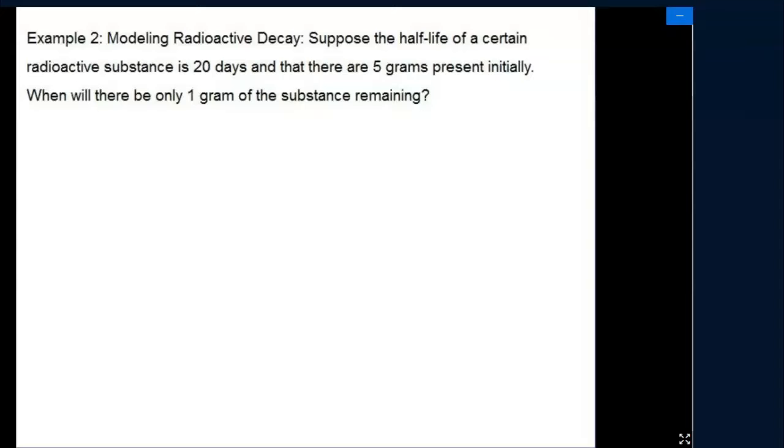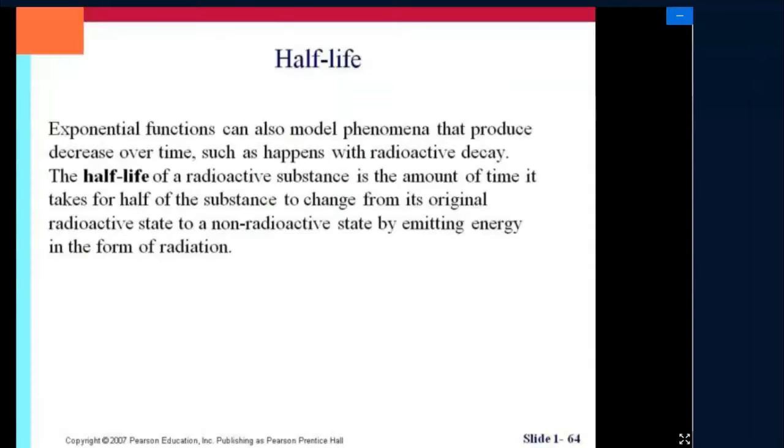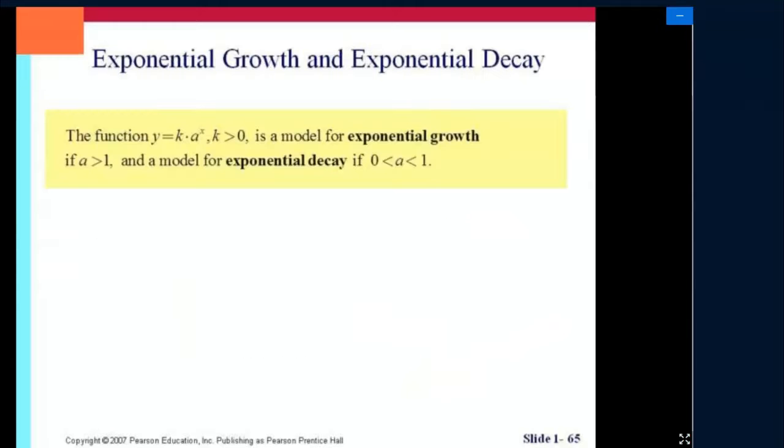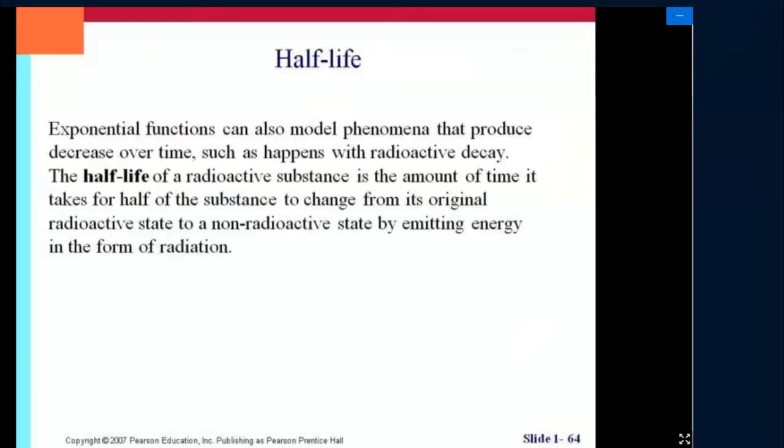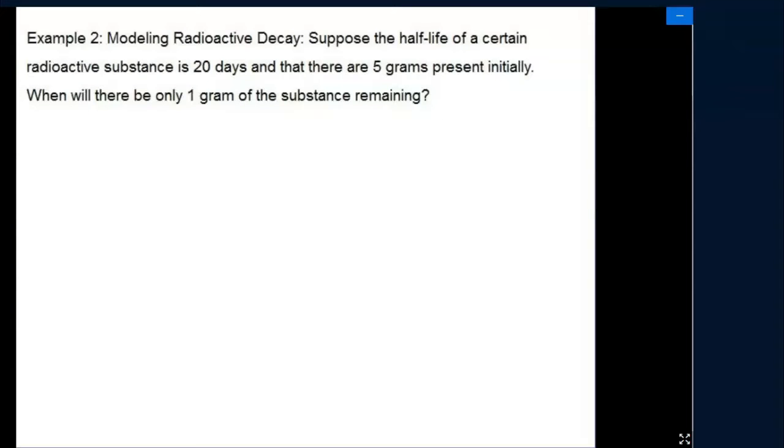And that formula is a variation of this formula here, the y equals k times a to the x. So when we talk about half-life, we're going to use a variation of that, y equals y naught. So the y naught is your k, a to the x.